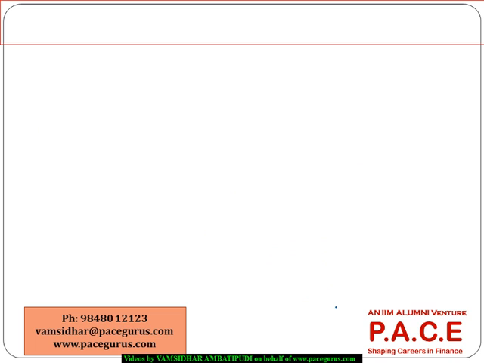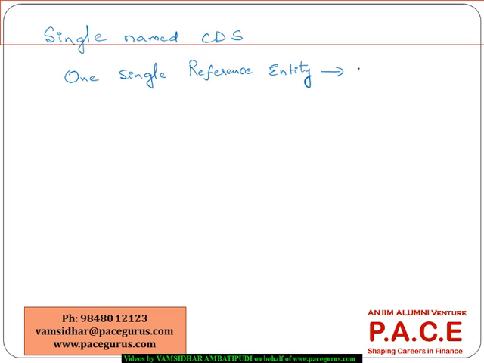Getting started on the same lines, initially I will look at the single named credit default swaps. Whenever we are talking about a single named CDS, we are talking about one single reference entity, so a default on one single reference entity, where the reference entity needs to be clearly specified.